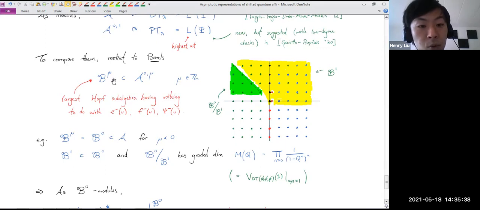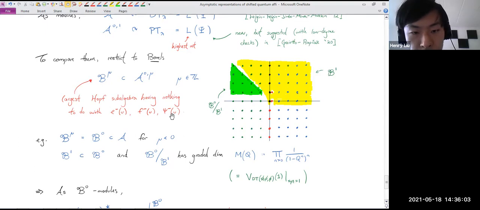Right. So let me quickly say what this quantum Borel is. Okay, heuristically, it's not so hard to say what it is. You can split the raising and lowering and Cartan series into their positive and negative parts.